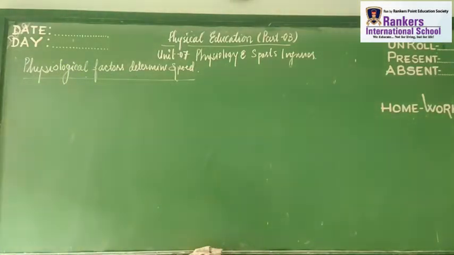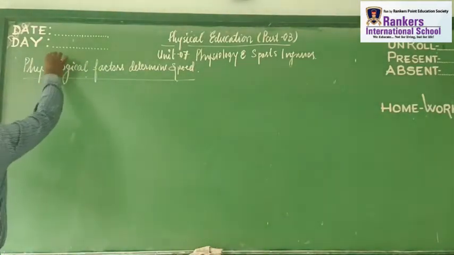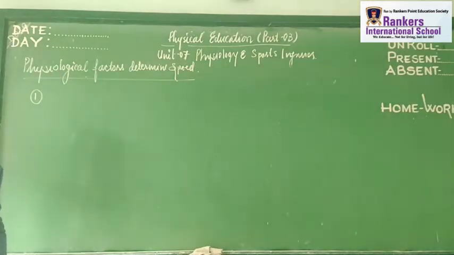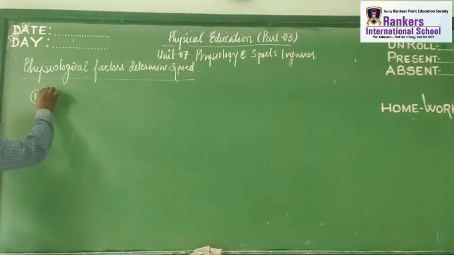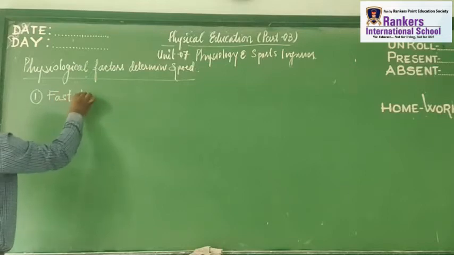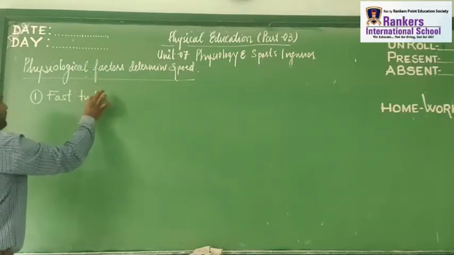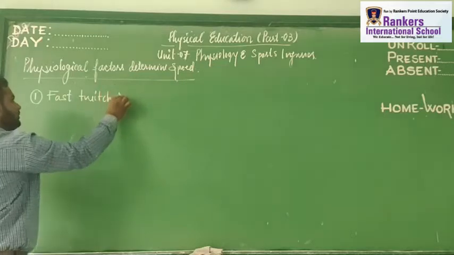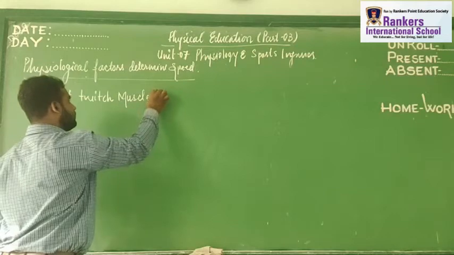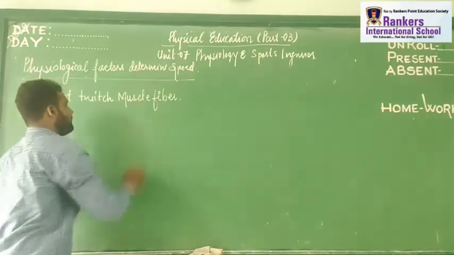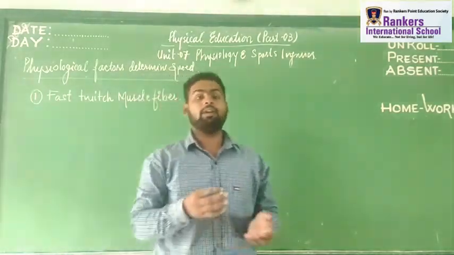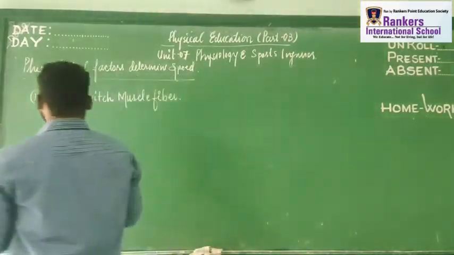Let us start. We need to see the physiological factors. If someone's speed is very good, what are the physiological factors there? The fast twitch muscle fiber should be there. As you all know, if the body has fast twitch muscle fiber, it means white muscle fibers.